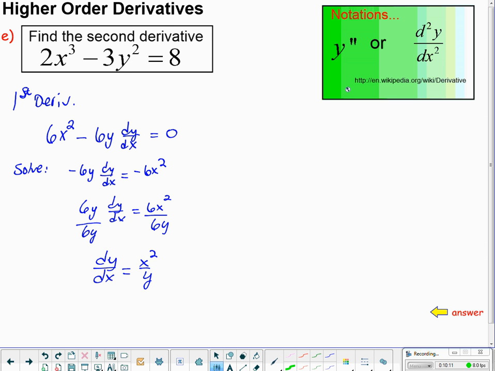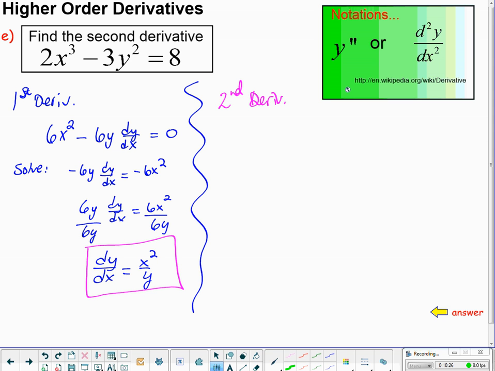Not bad. But our objective wasn't to just get the first derivative, it was to get to the second derivative. So now let's play off of the first derivative going into the second derivative. Ah, shucks, we've got the quotient rule coming our way, don't we? We will use the quotient rule.